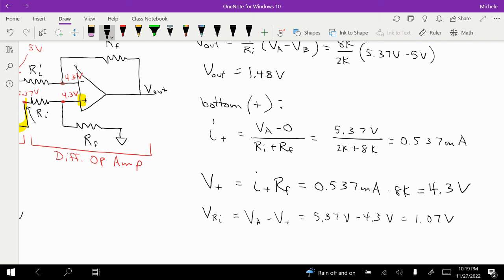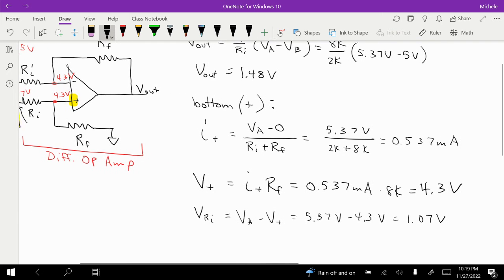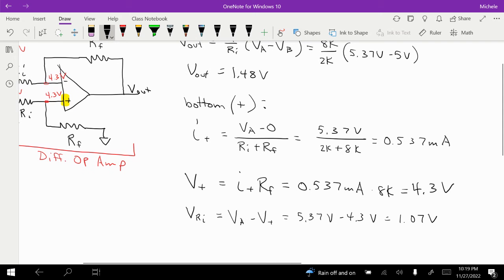Okay. And I already have my voltage, so this right here is also equal to my VRF on the bottom.